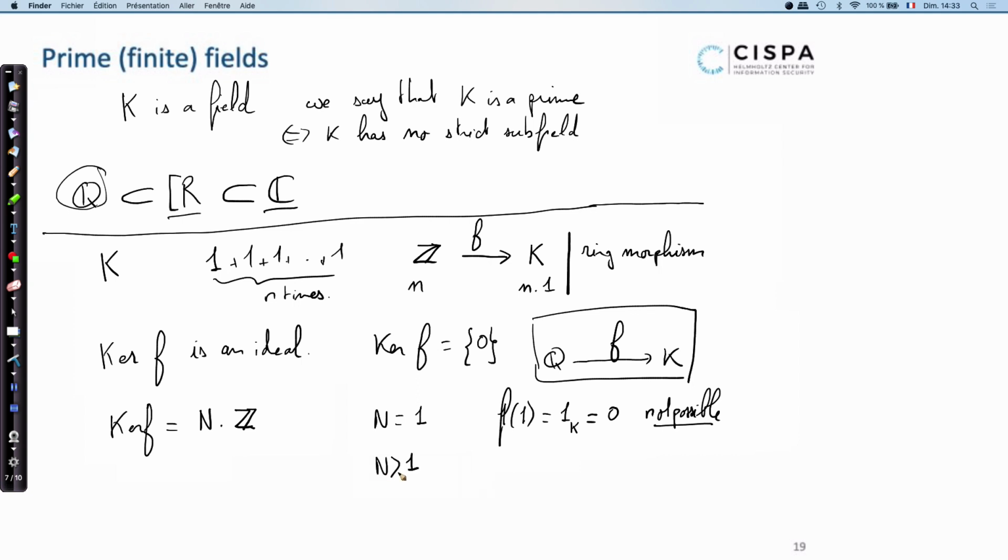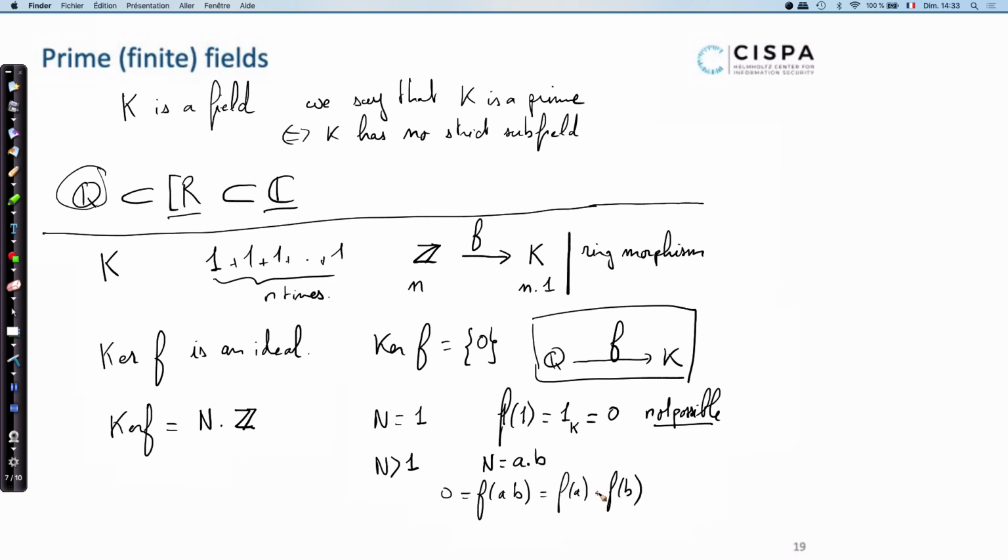And now let's look at n, and let's look at its factorization into primes. So we have two cases. Either n is prime or it's not. So if it's not prime, you can write n as a product of two numbers, let's say a times b. But now, if you look at the product a times b, you find that the image of a times b is 0 on one side, but it is also the image of a times the image of b, and none of the two can be 0 because they don't belong to the ideal.